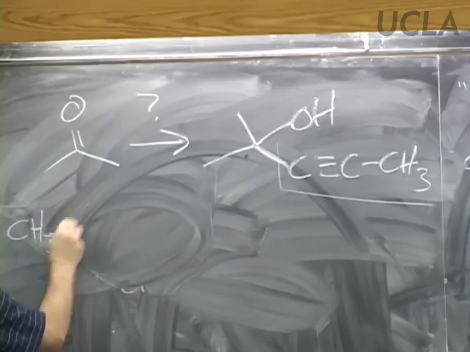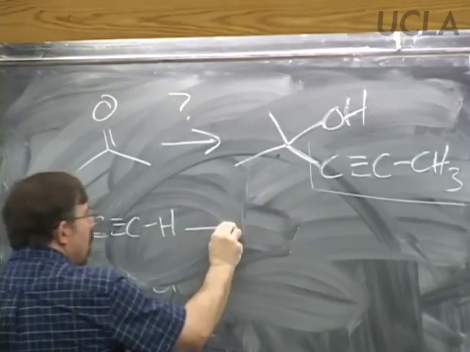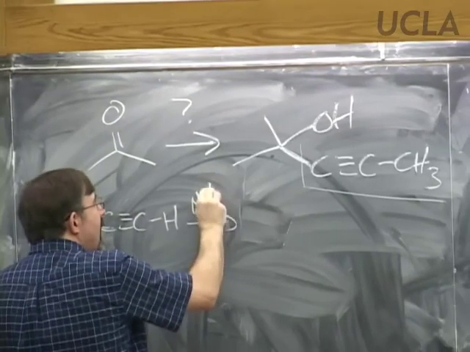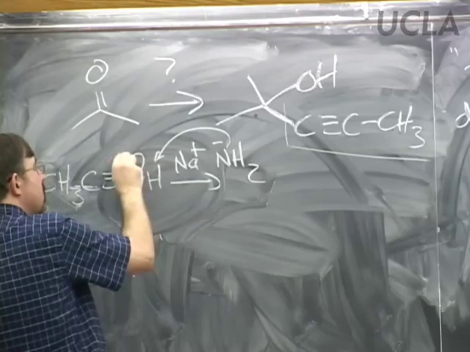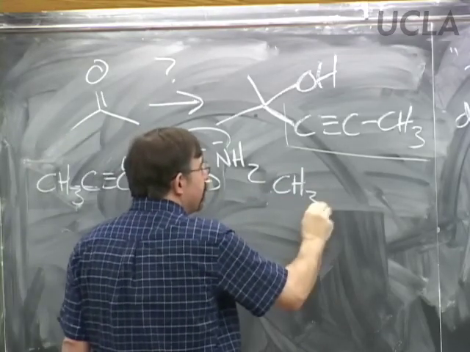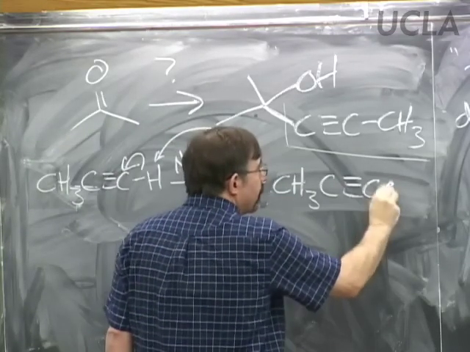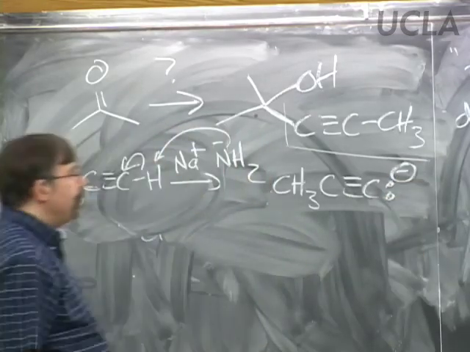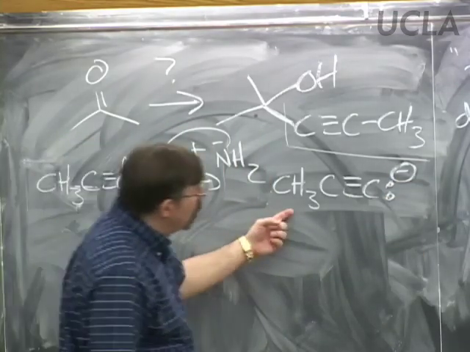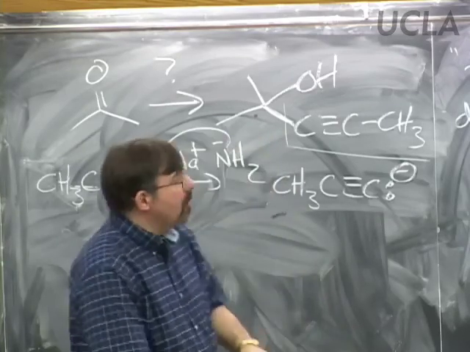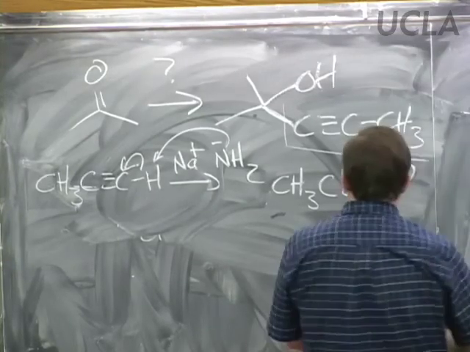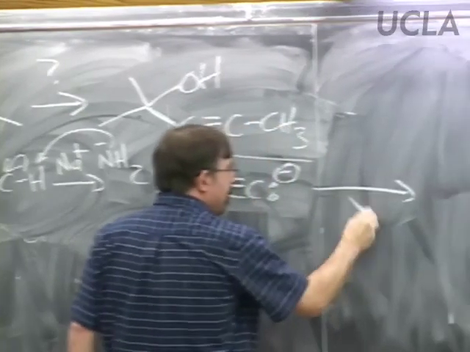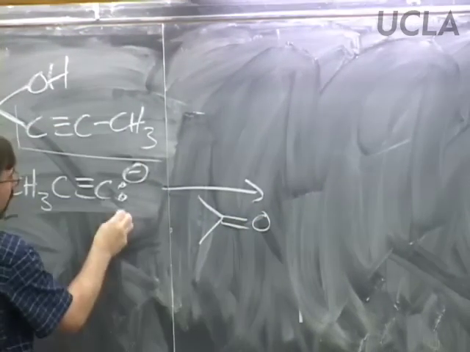So how would we do that? Well, let's start by taking the alkyne. And you deprotonate that. So there is our deprotonation process. Now this is a good nucleophile. So now in our next step we can add the electrophile, which is the acetone. Here's our acetone.